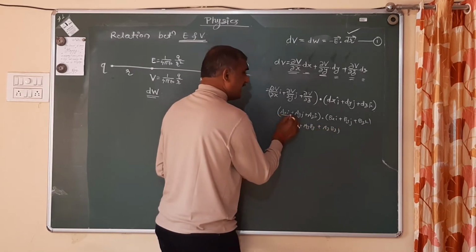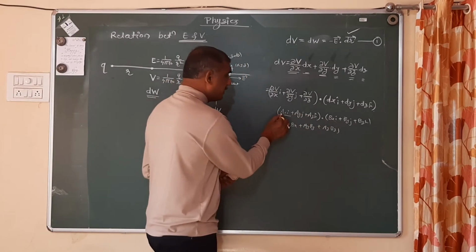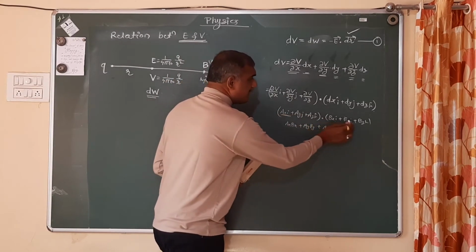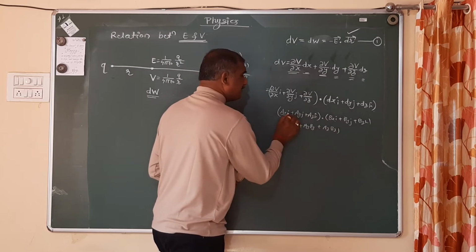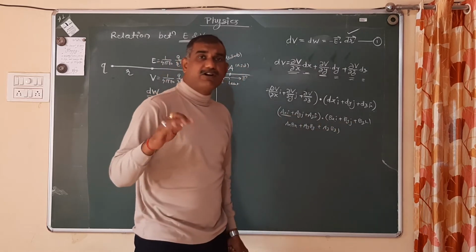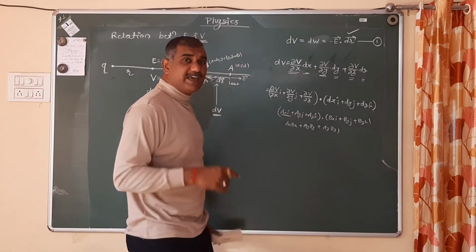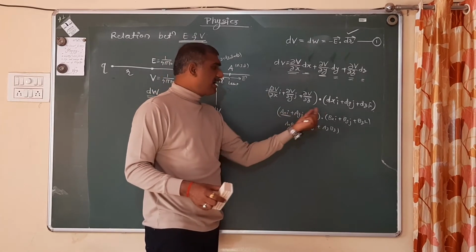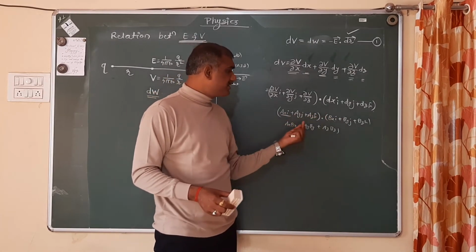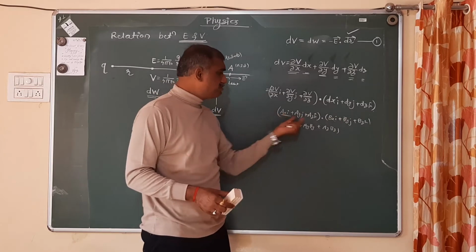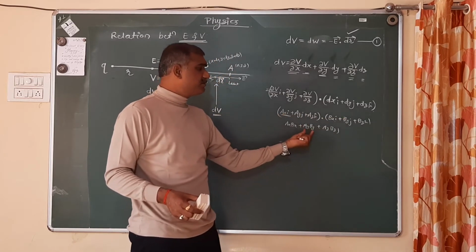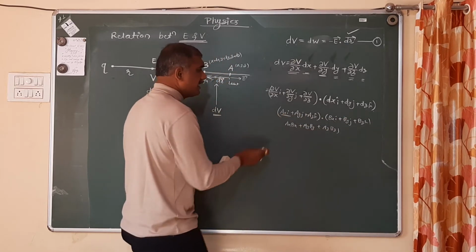Because i dot i is equal to 1, but ax i into by j gives ax into by into i dot j, and you know very well i dot j is equal to 0, i dot k is equal to 0, and only i dot i is equal to 1, j dot j is equal to 1, k dot k is equal to 1. That's why the dot product is equal to ax bx plus ay by plus az bz.